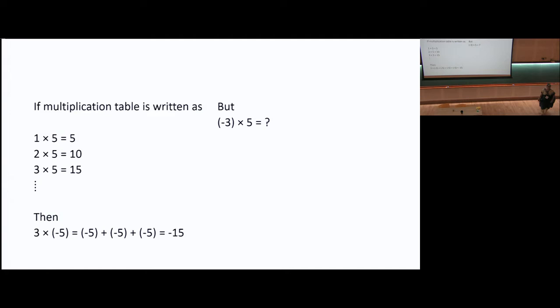But how do you add 5 negative 3 times? No, the answer we know, but how do you explain it? Minus 3 5 times? Then you are assuming commutativity. We haven't established it yet. Okay, so be careful.